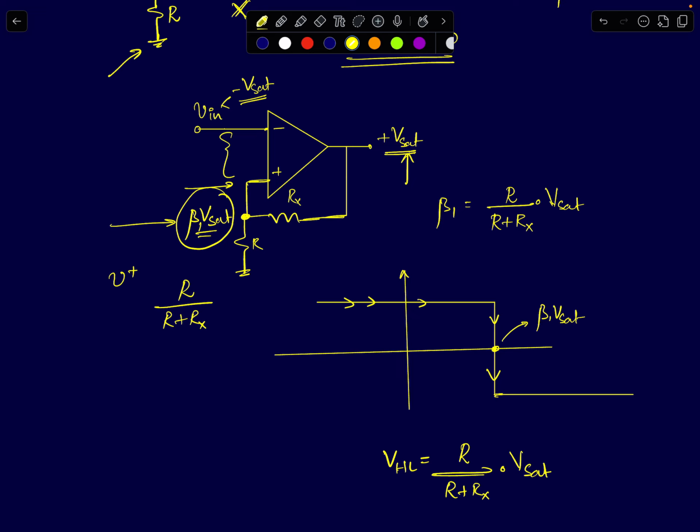Therefore, your output will go to minus Vsat. So that's your high to low threshold. The high to low threshold voltage is beta 1 times Vsat.